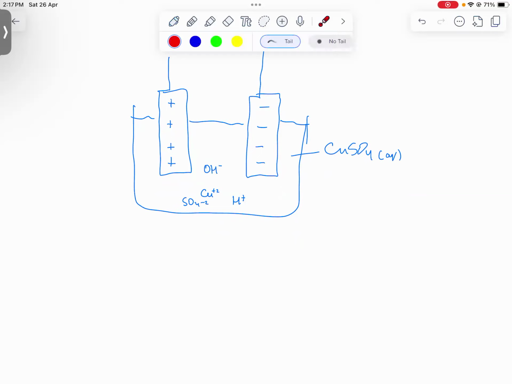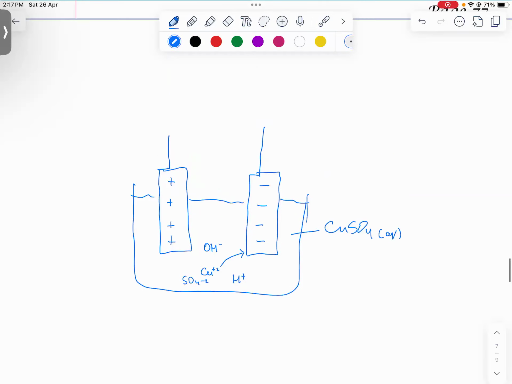Now out of them, who will go to the cathode? Either copper or hydrogen. But why do copper ions go to the cathode? Because they are less reactive. And because they go to the cathode, even if this is made up of graphite, copper ions go to the cathode and they start depositing. What would happen to the cathode then? The size of the cathode would increase.